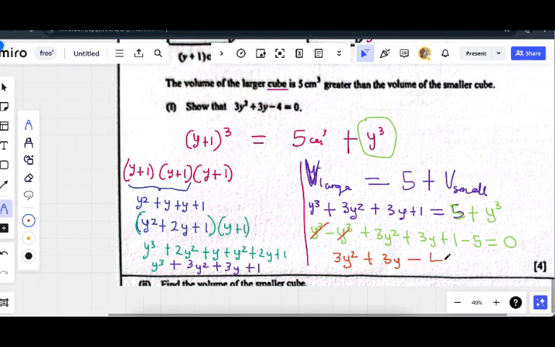Minus 4 equal to 0. So that's what they asked us to show. Look at it, we've got what they want us to prove: that 3y squared plus 3y minus 4 is equal to 0. So we've gotten it. We get 4 marks for doing this.